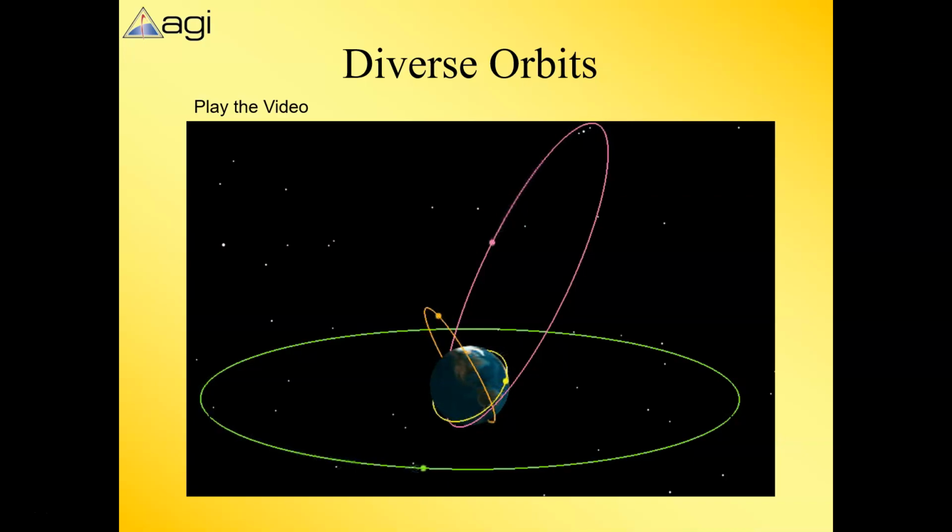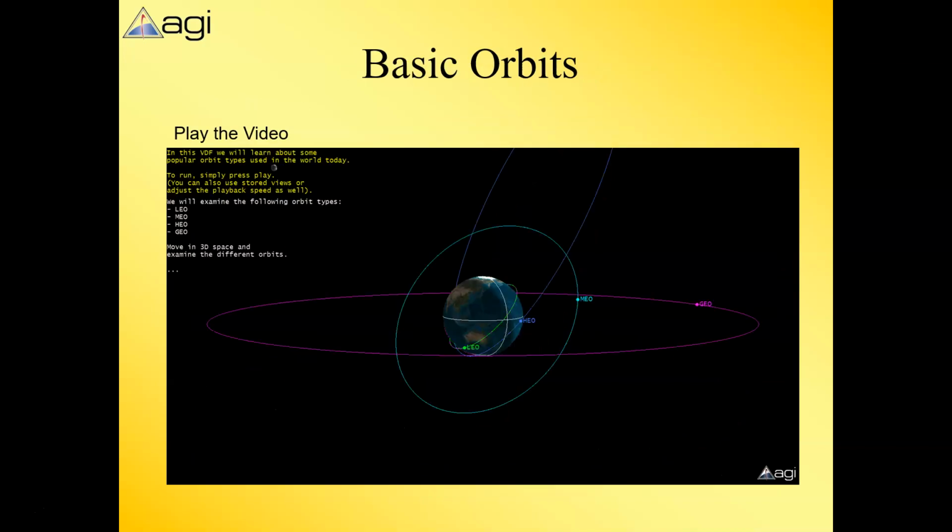It's farther out, and we'll talk about why. The pink represents a special, highly elliptical orbit. Then there is also a high inclination orbit and a low Earth orbit. This is a little bit longer video, and as it plays, I'm going to describe a little bit about each of these.